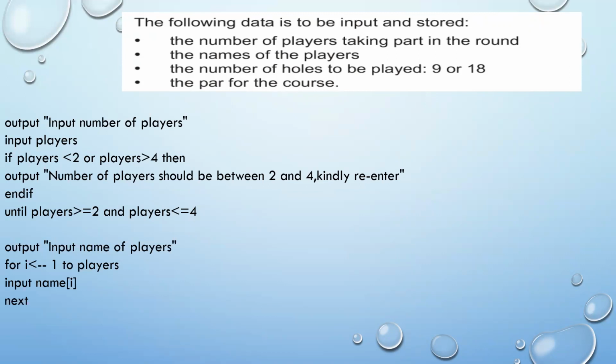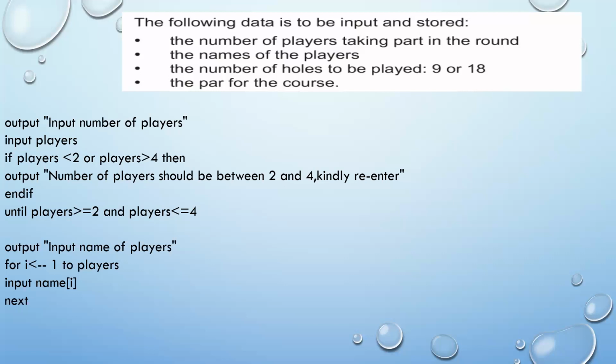as storing their names. As you can see on the screen, there's an output message, input number of players. So your program will ask for an input. The user will enter. Now, in the pre-release, every year you'll find it stating that the data needs to be validated on entry.